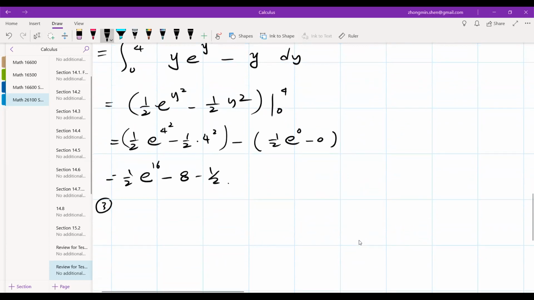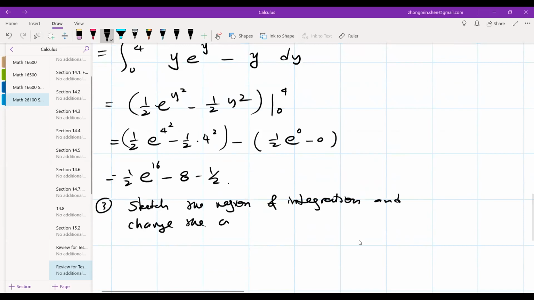The third problem I want to discuss is to sketch the region of integration and change the order of integration.